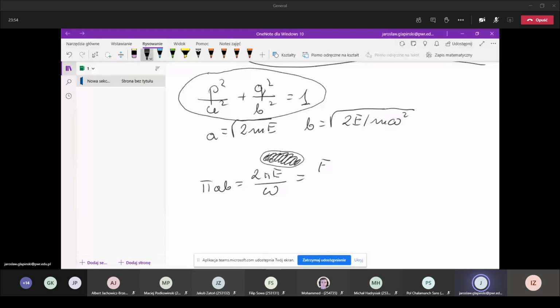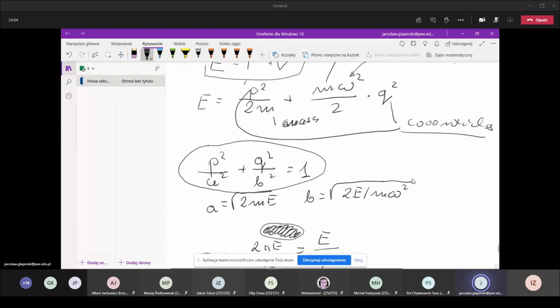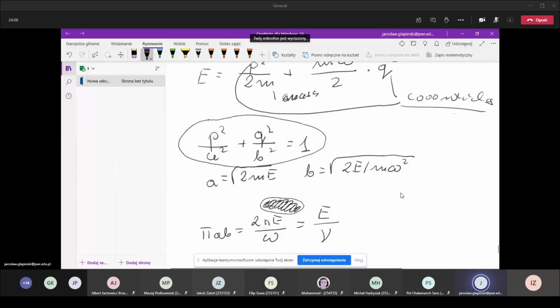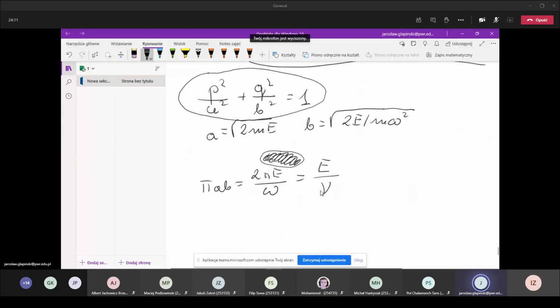this is energy and the frequency. That was the frequency in omega, and this is the frequency in hertz.